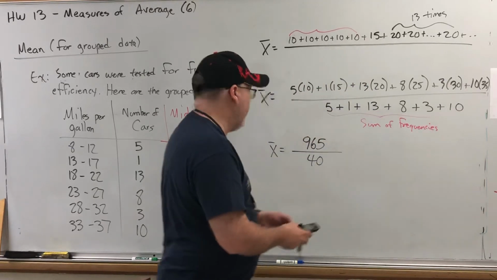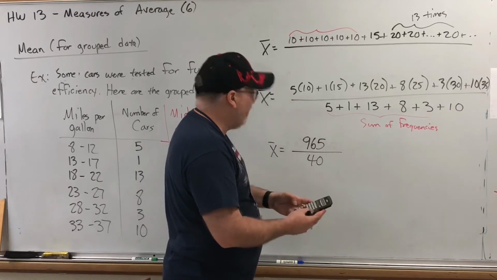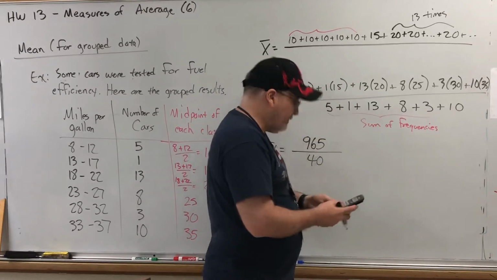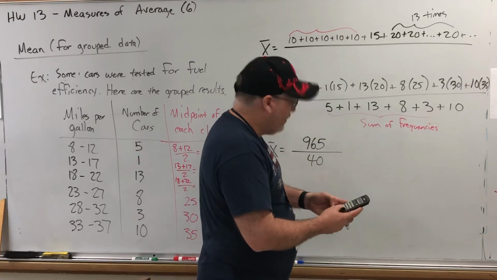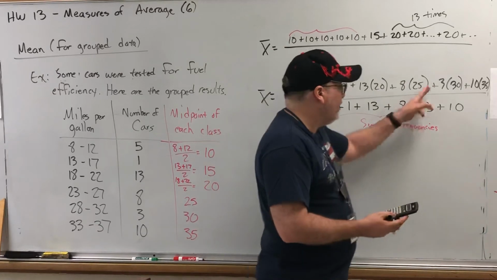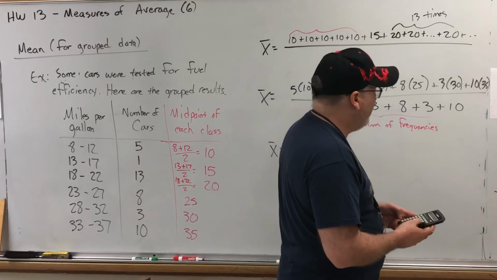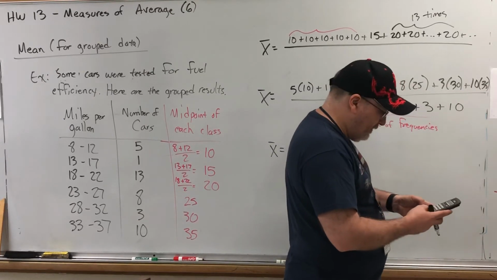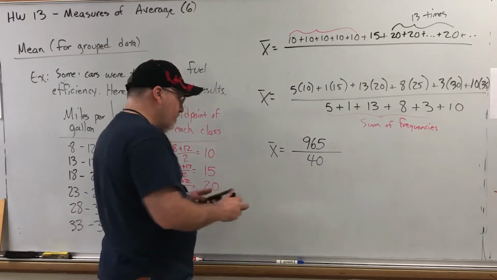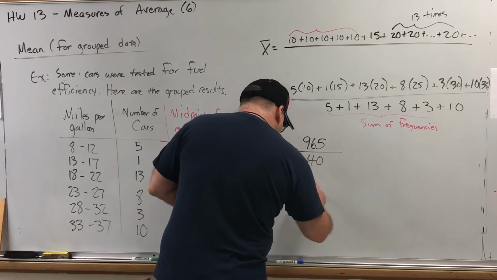I got a different value that time. Try it again. 5 times 10 is 50, plus 1 times 15 is 15, plus 13 times 20 is 260, plus 8 times 25 is 200, plus 3 times 30 is 90, not 900, plus 35 times 10 is 350. I got 965. And if we divide that by 40, we get a mean miles per gallon of 24.125.